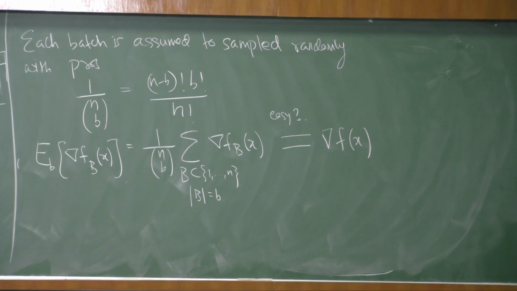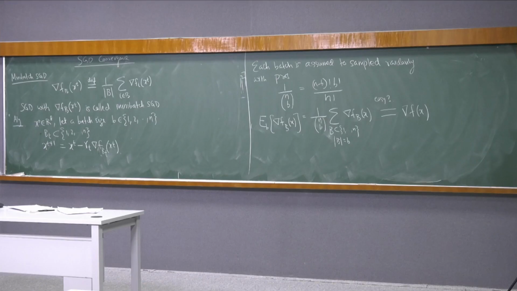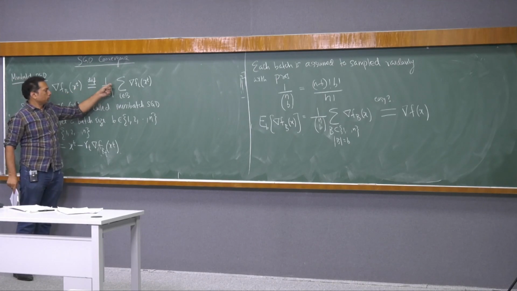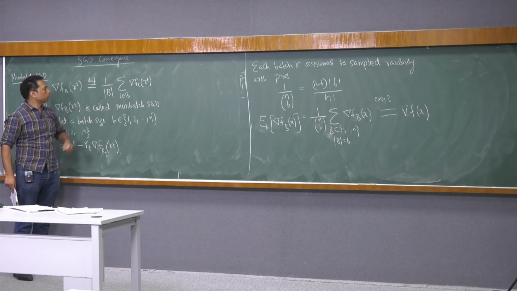So one of the good things about mini batching is that it can help you in terms of parallel computing. In the sense that since you now have a batch of size b, each of these gradient calculations can be done in parallel for all i in capital B. So these computations over the batches can happen in parallel, depending on how many parallel resources you have.